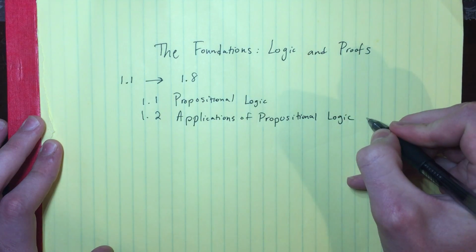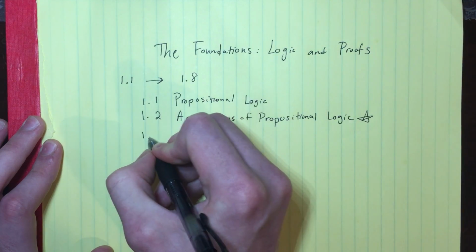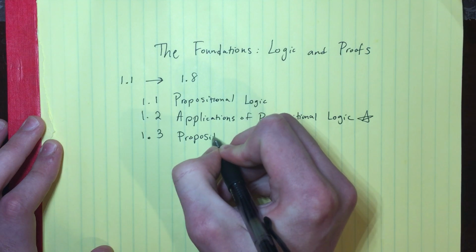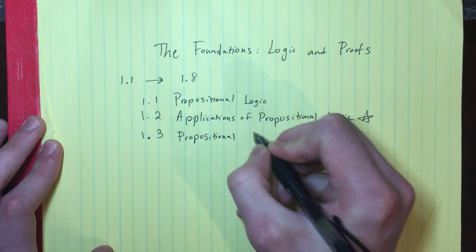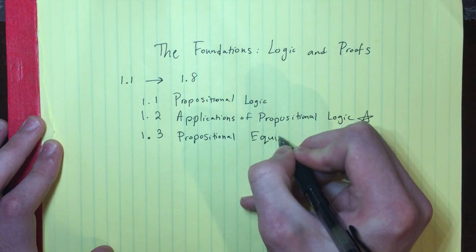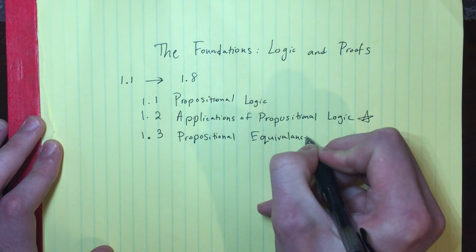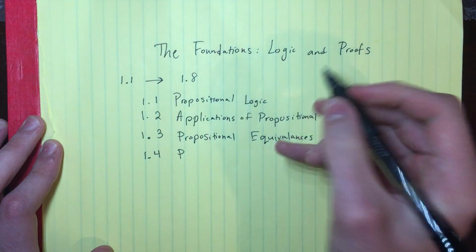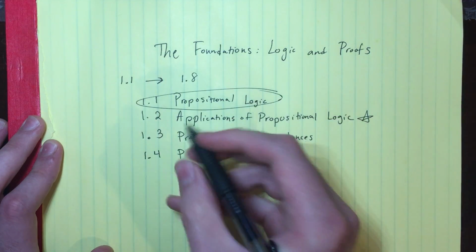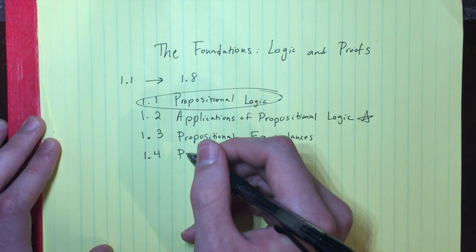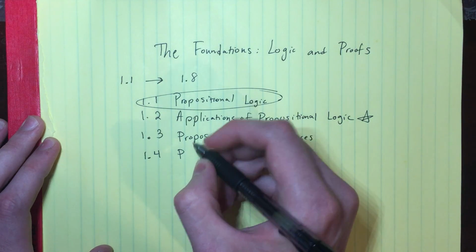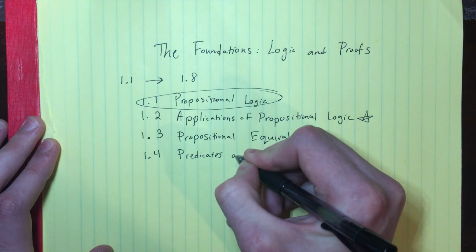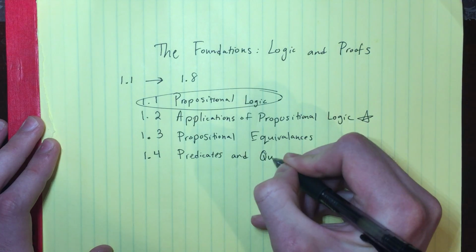I don't know if we'll cover this one. 1.3 is Propositional Equivalences. 1.4 is, today we're doing this one, by the way, so keep watching the video if you want to see that. 1.4 is Predicates and Quantifiers.